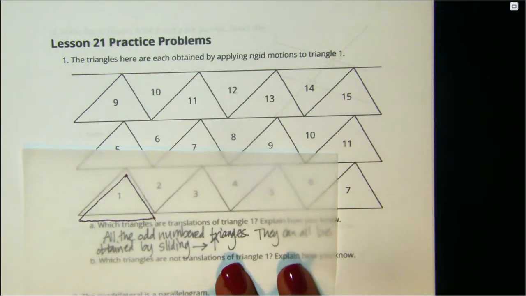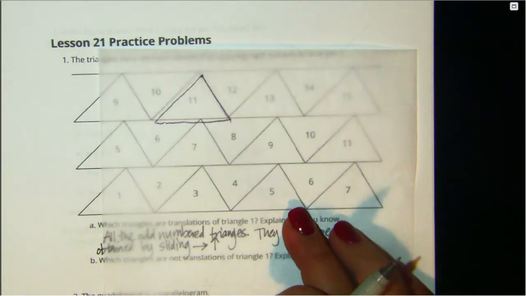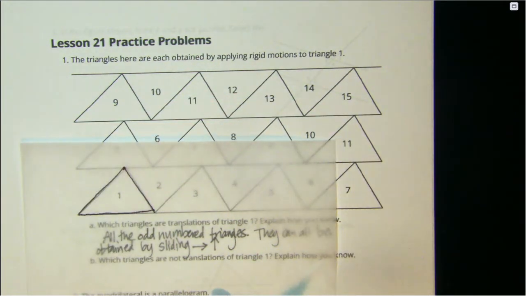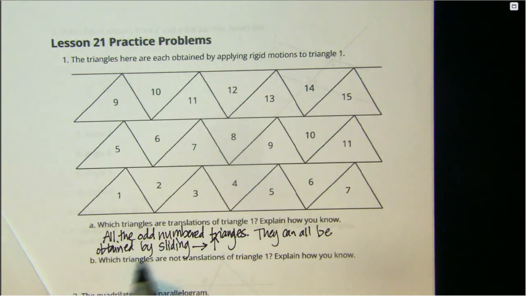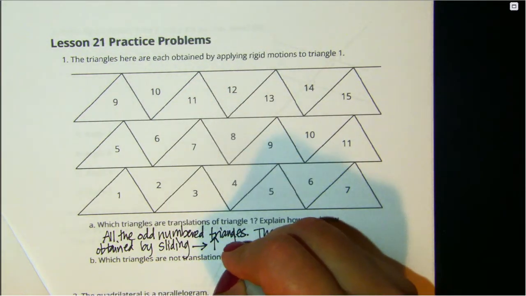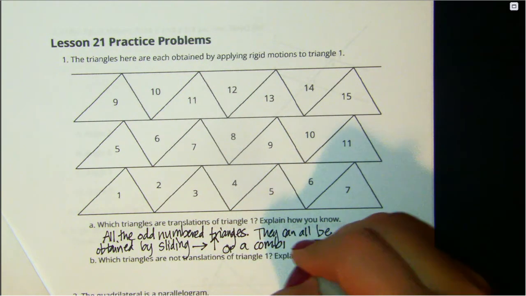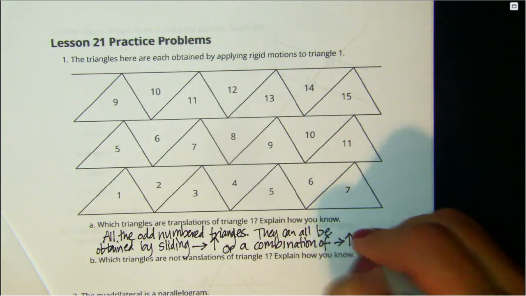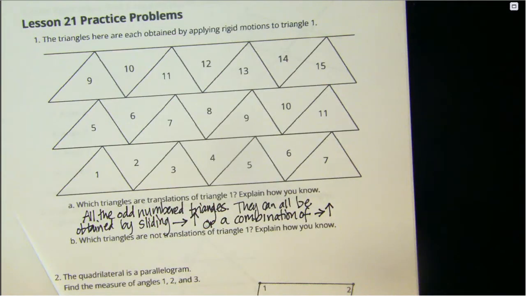Like here, to get to 11, I could go over and then up. To get to 3, I could just go over. To get to 5, I could just go up. So all the odd number triangles can all be obtained by sliding left, right, or a combination of vertical and horizontal.